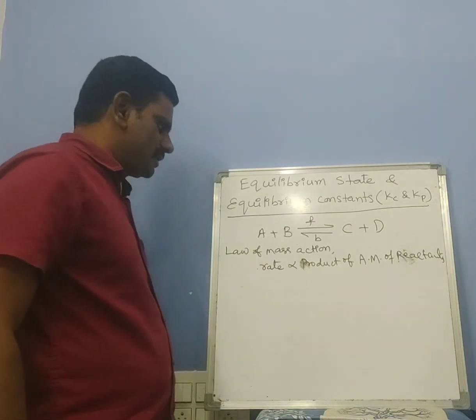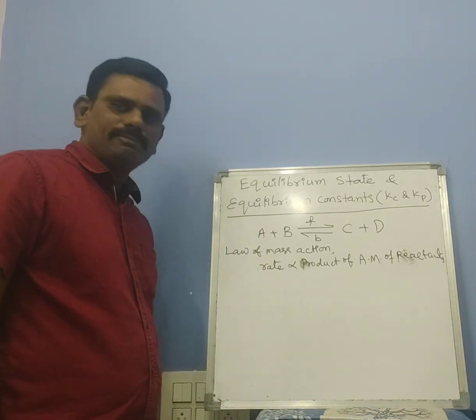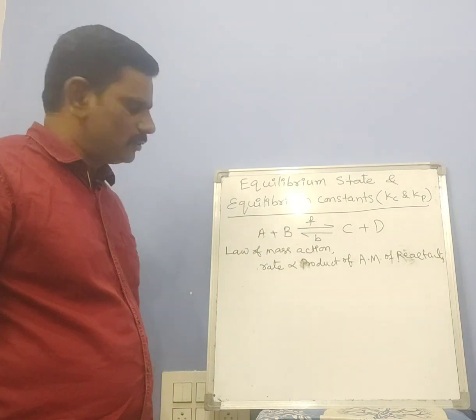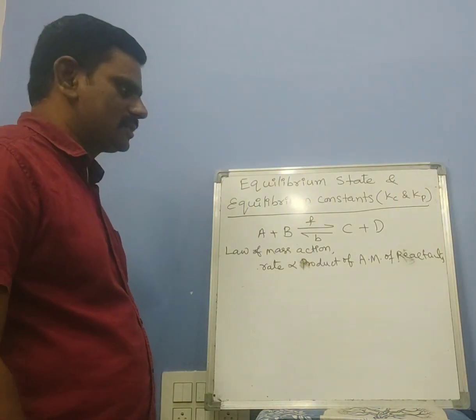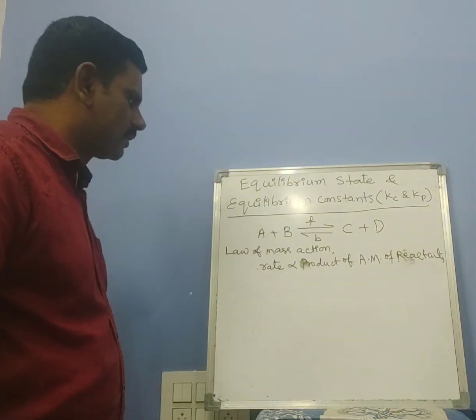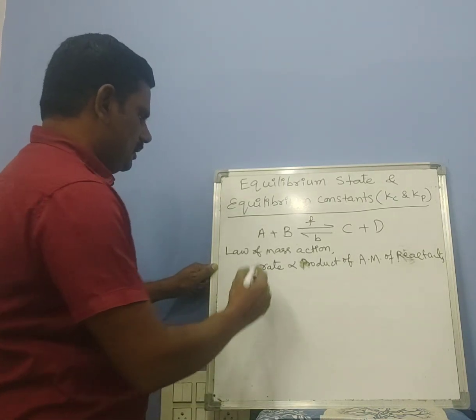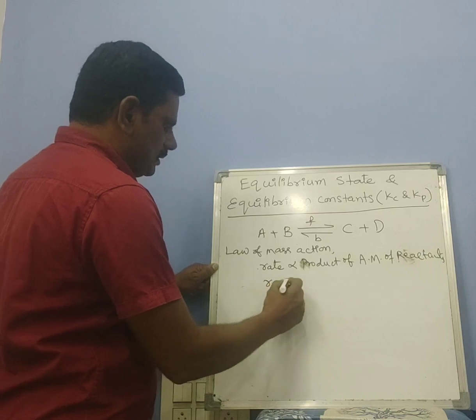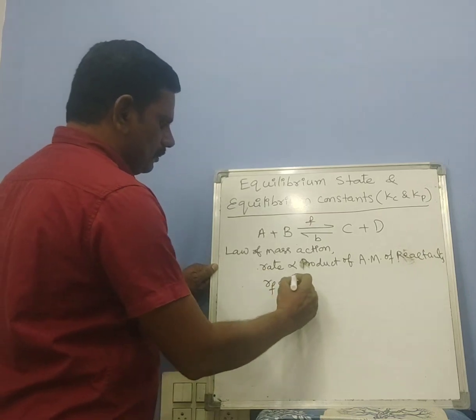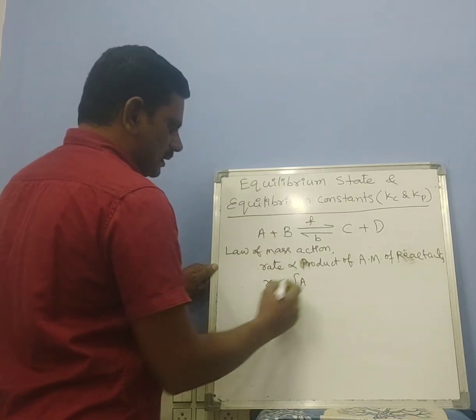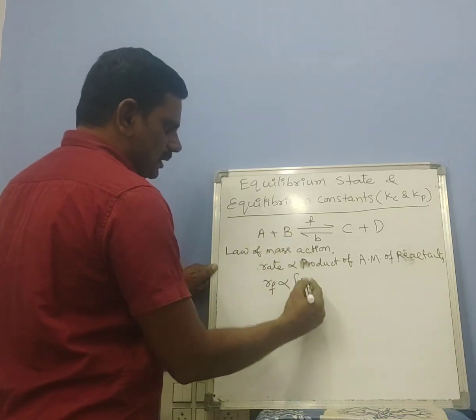According to law of mass action, rate of reaction is directly proportional to the product of active mass of reactants. Here, rate of forward reaction is directly proportional to the product of active mass of reactants. For forward reaction, these two, A and B, are the reactants, right?